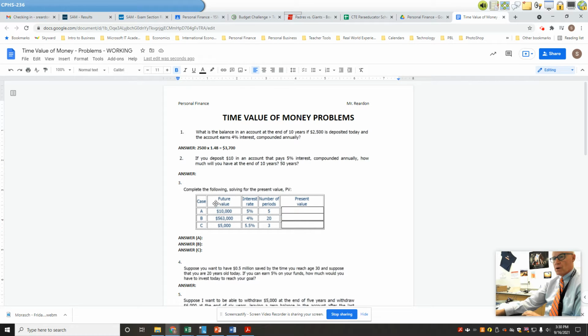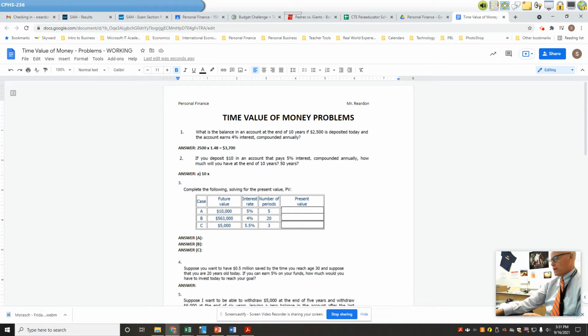Okay. All right. Question two. If you deposit $10 in an account that pays 5% interest compounded annually, how much will you have at the end of 10 years and after 50 years? Okay. So part A would be 10 times 5% rate of return. What's it worth in the future?